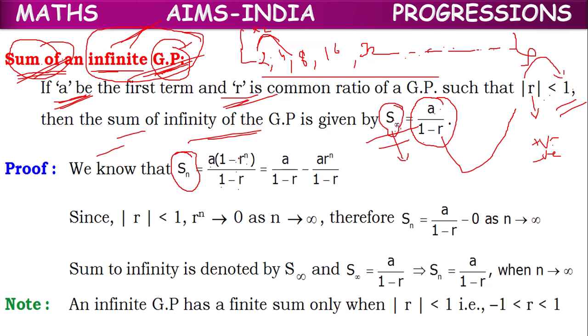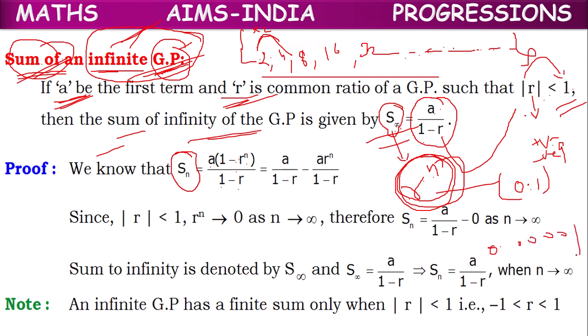As r is less than 1, this r power n value is negligible, because r less than 1 means it is already a decimal. Suppose 0.1, and in the place of n we have 9. 0.1 whole power 9 will become 0.00000 something 1, whose value is negligible compared to 1.